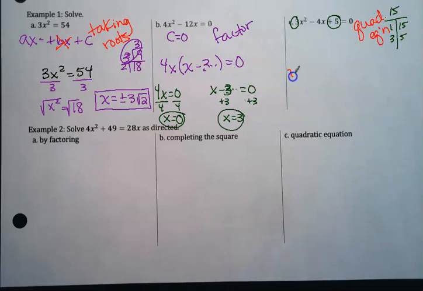Okay, so we're going to have x equals. We've got a is 3, b is negative 4, and c is positive 5.